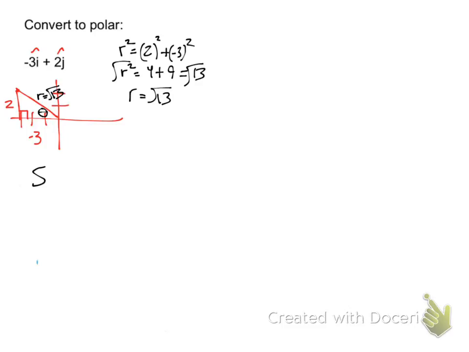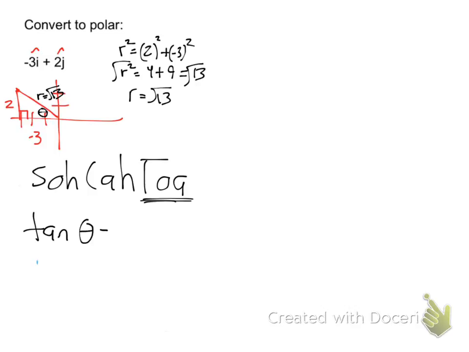And which one of the 3 of SOHCAHTOA has opposite and adjacent? Tangent. So that means that the tangent of theta is equal to 2 over negative 3. Would you guys agree with that? Yes.